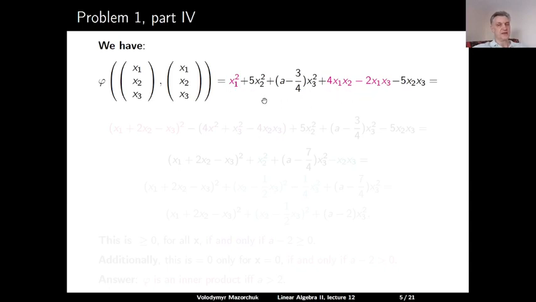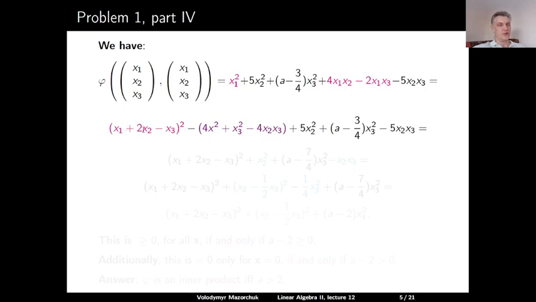So we can write the sum of these three summands as (x1 plus 2x2, so here 2 is 1/2 of this coefficient, plus 2x2 minus x3, minus 1 is 1/2 of this coefficient), and all this squared. So if we take the square, we will get all these three summands, and then we will have three extra summands.